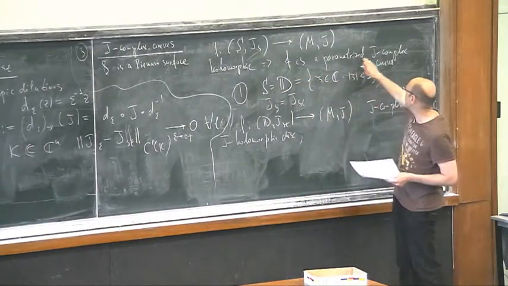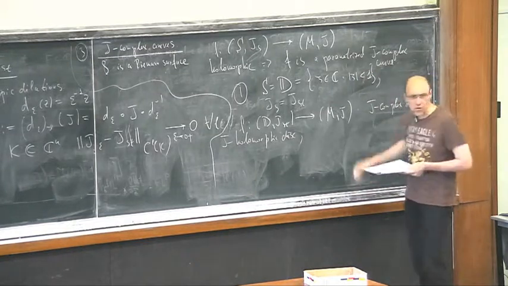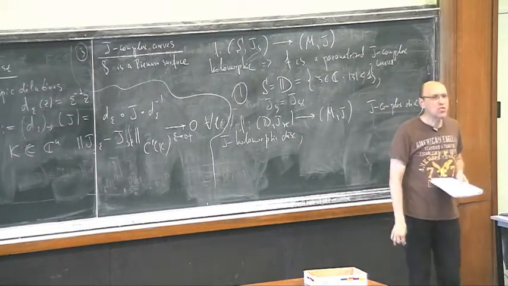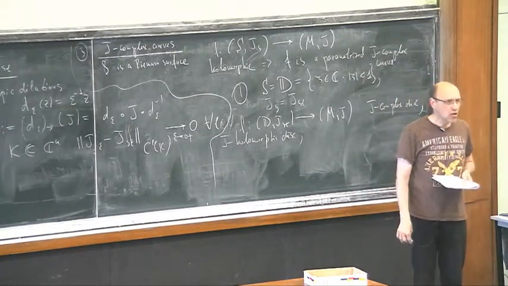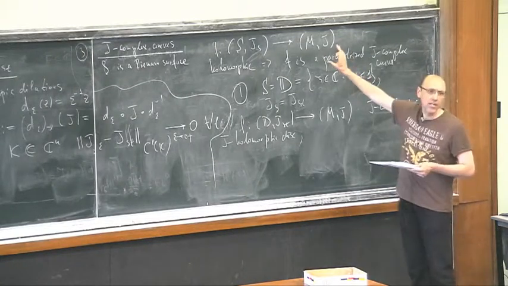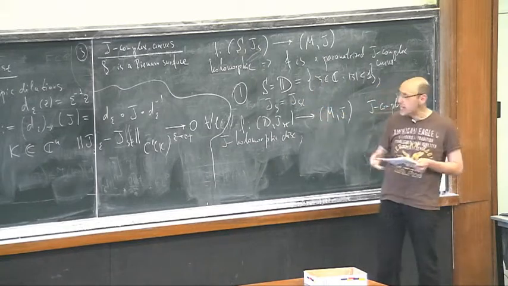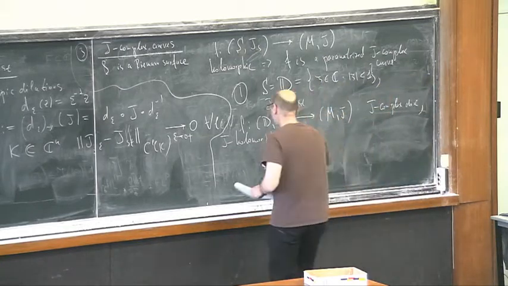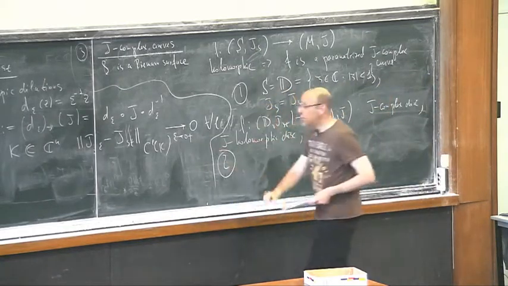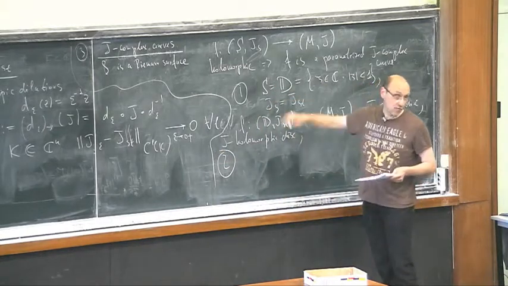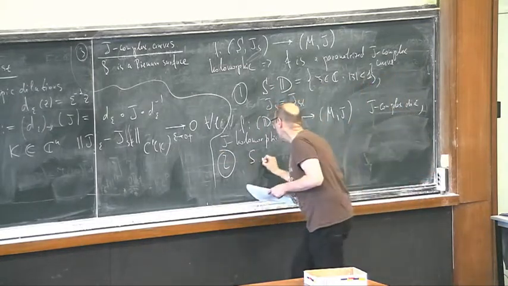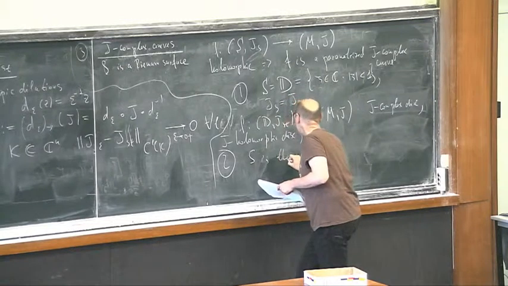By the way, instead of J-complex curves, in the literature you can meet pseudo-holomorphic curves, J-holomorphic curves. This is all the same, okay? So this is just our basic definition. This is the first important case. And the second important case is when S is the Riemann sphere.